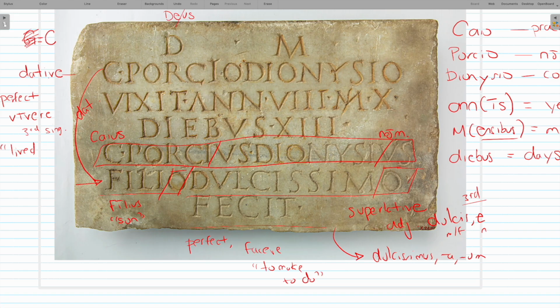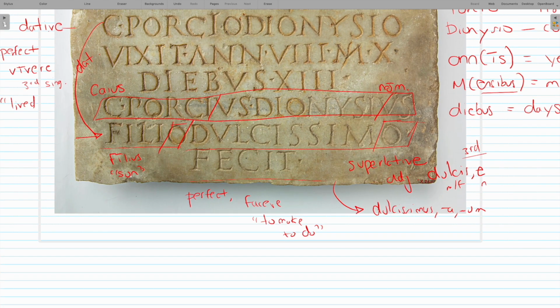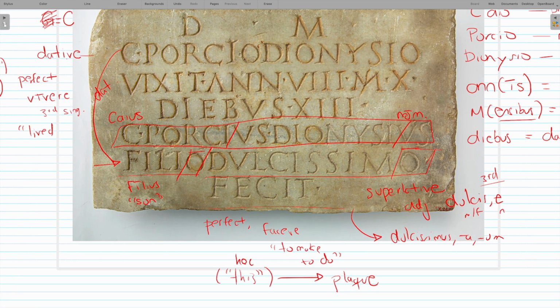So the object of this verb fecit is implied. You could translate the implication as this, referring to the plaque. In Latin, hoc fecit. That is, he, this Porcius Dionysius, the father, the senior, made, fecit, implied this plaque, hoc. That's how you say this in Latin, hoc.